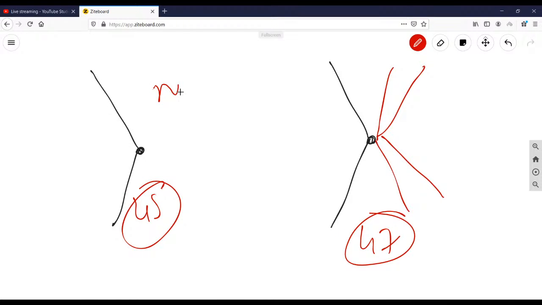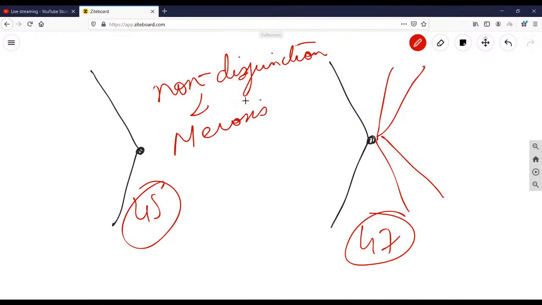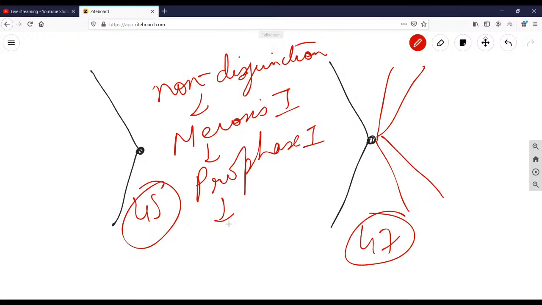So the reason why aneuploidy occurred is non-disjunction in the meiosis stage, in meiosis 1, prophase 1. At pachytene this happened, so at diplotene the disjunction could not take place, and because of that this happened.